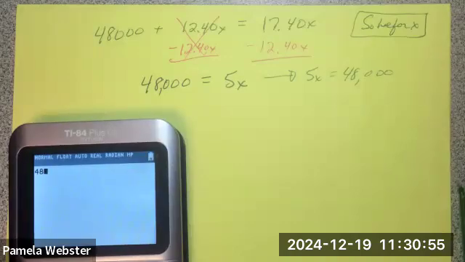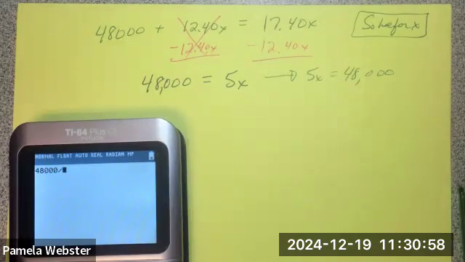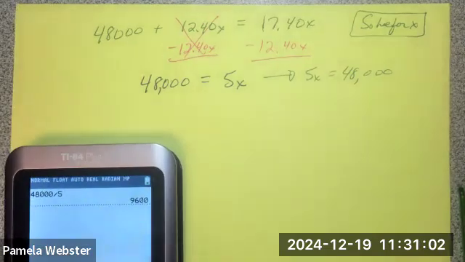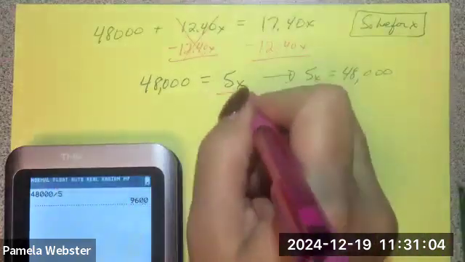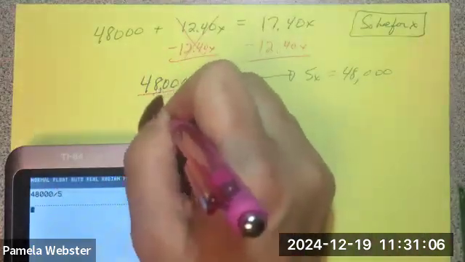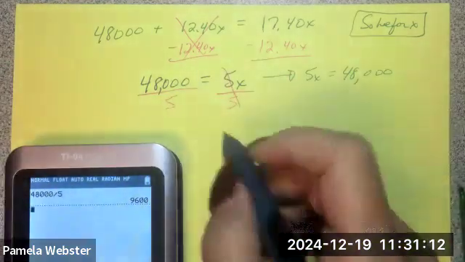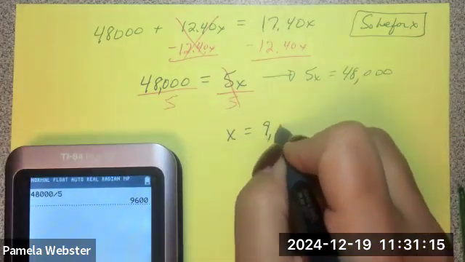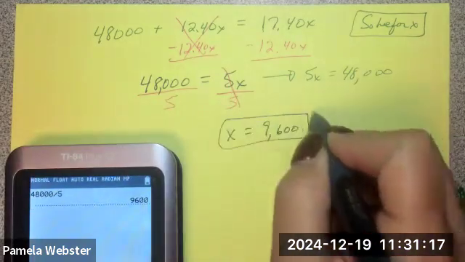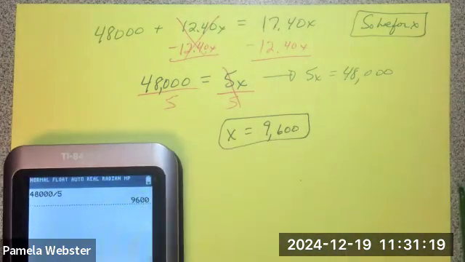So I'm going to do 48,000 divided by 5. Why did I divide by 5? Because the X is multiplied by 5, so to get rid of that, I divide by 5. So I get X equals 9,600. All right, cool beans.